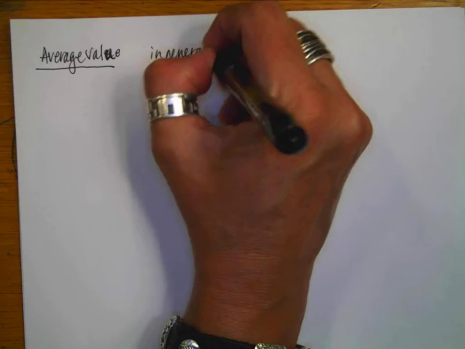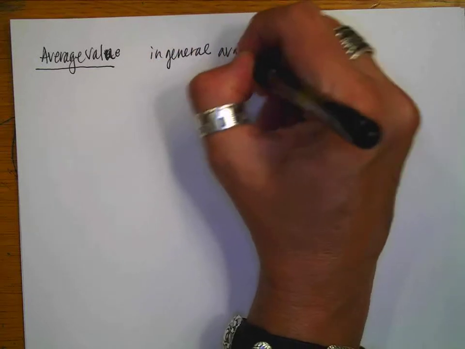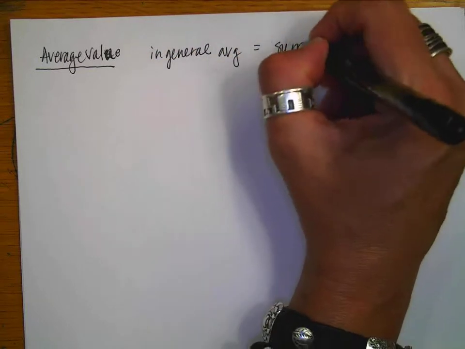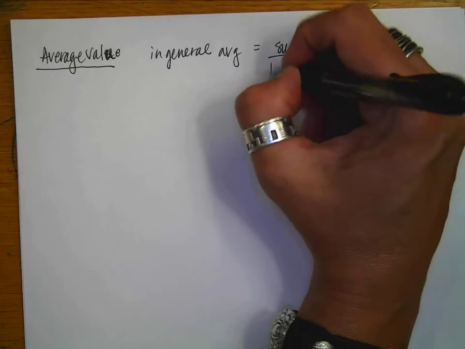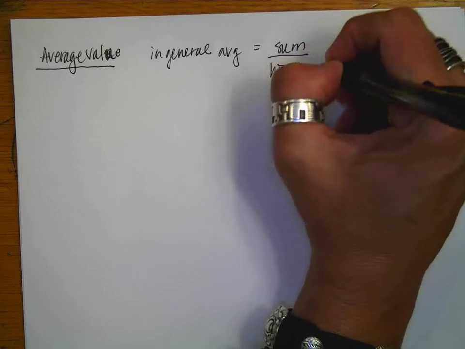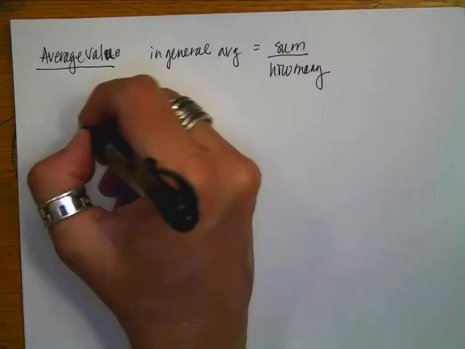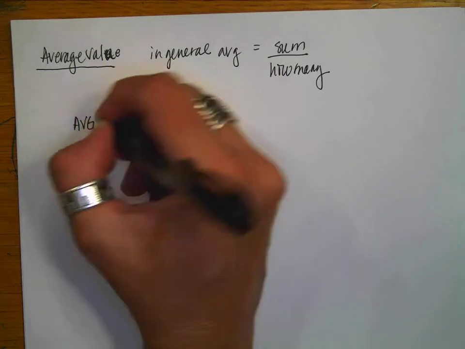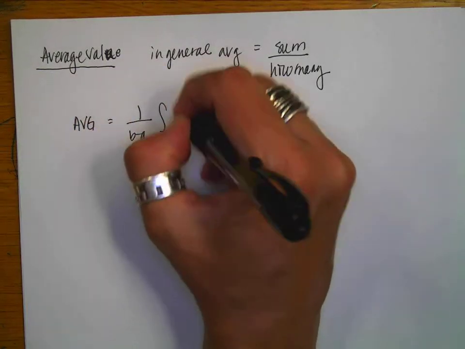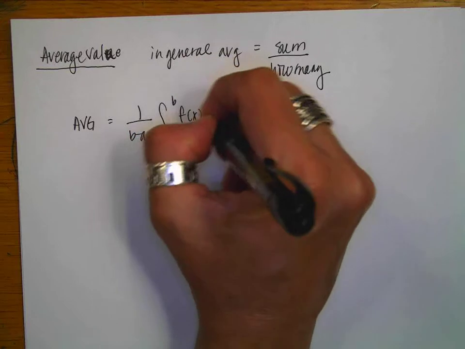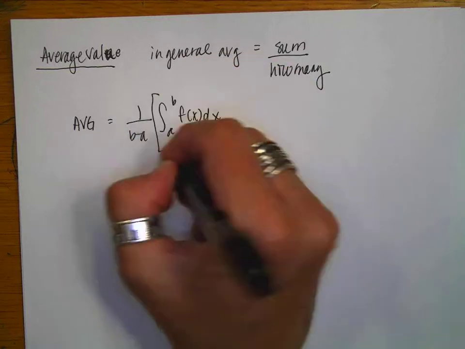So in general, when I want to calculate an average, it's going to be the sum of the things that I am taking an average of divided by how many. So the same is true in calculus. The average value is 1 over b minus a, I'll explain the formula in a minute, f of x dx.